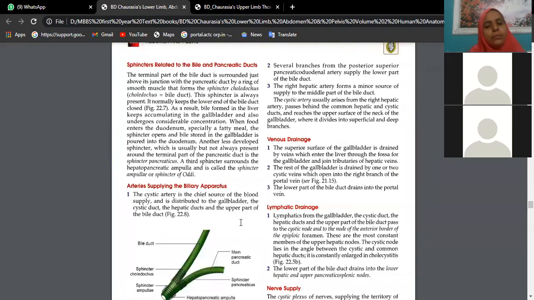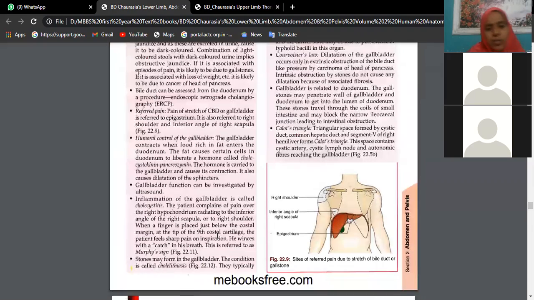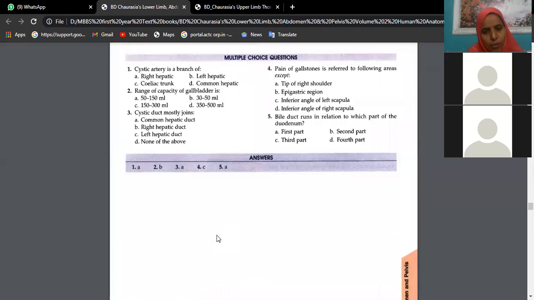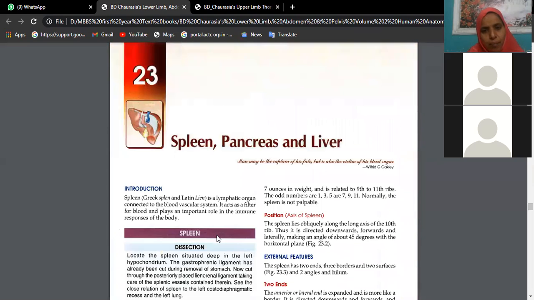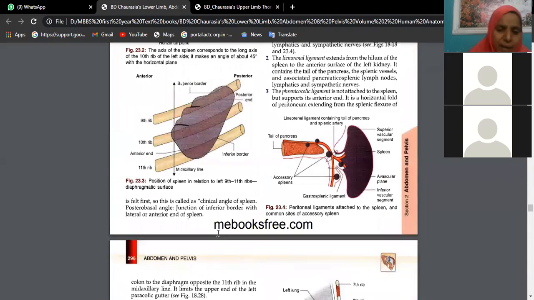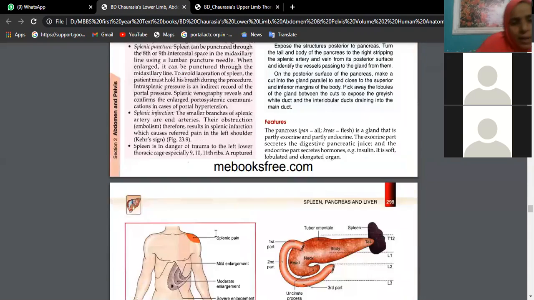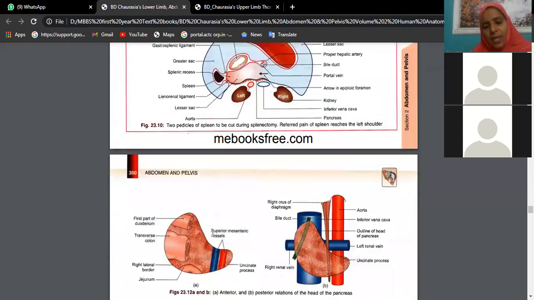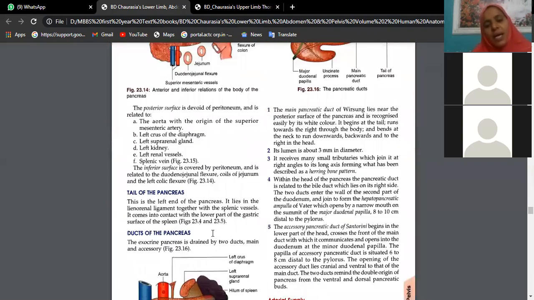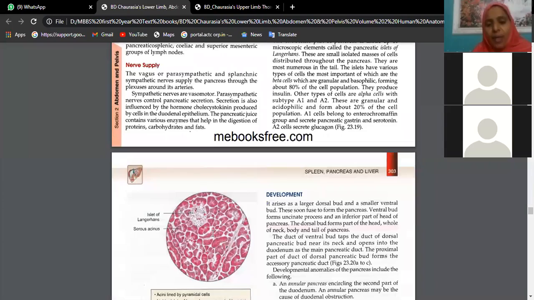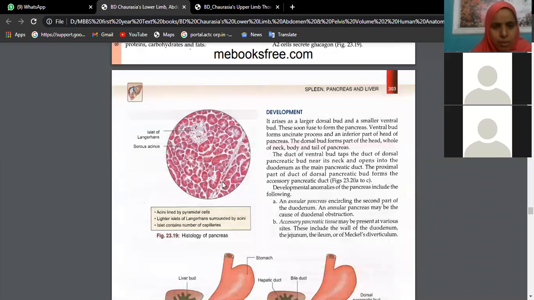Histology of pancreas. What do we see in histology of pancreas, beta? Exocrine part and endocrine part, isn't it? The exocrine part will show acini, and these acini are purely serous acini. See here, this is the histology picture.